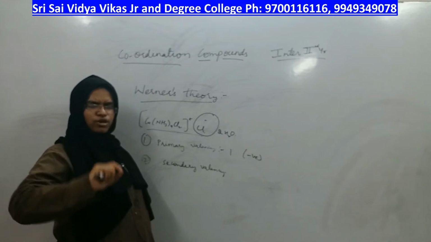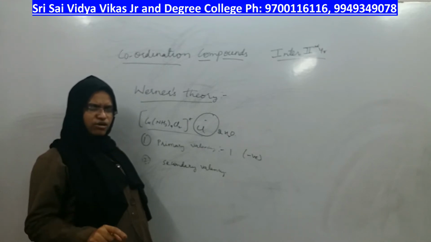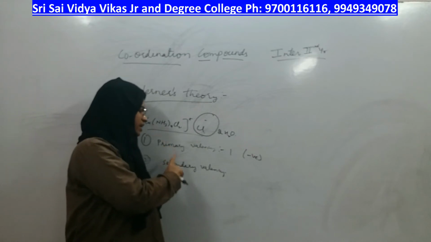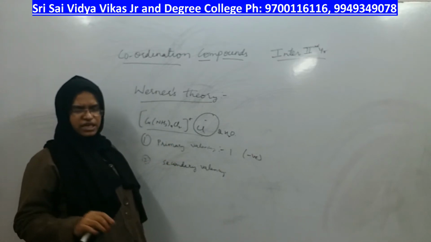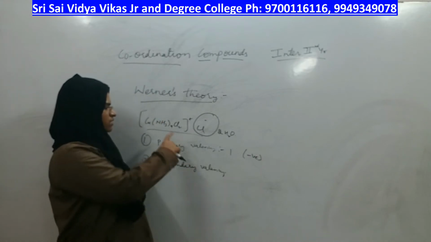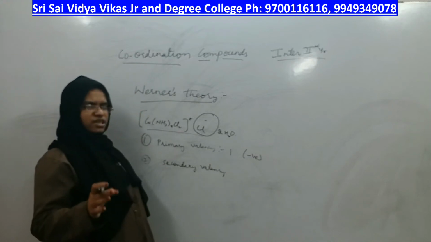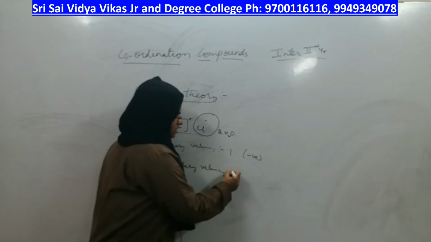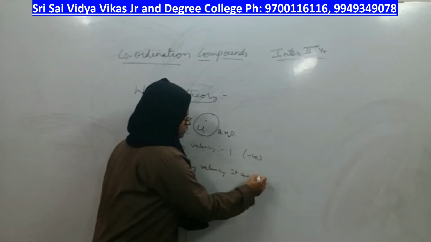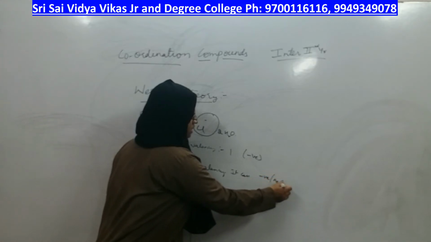Any atom or any group which is surrounding the central metal ion is counted, and how many are present like that, that total will give you the secondary valency. So, let me count in this case. The condition of only negative is not there. It can be negative or even neutral.